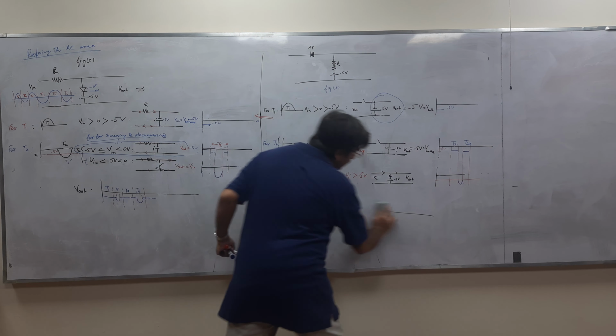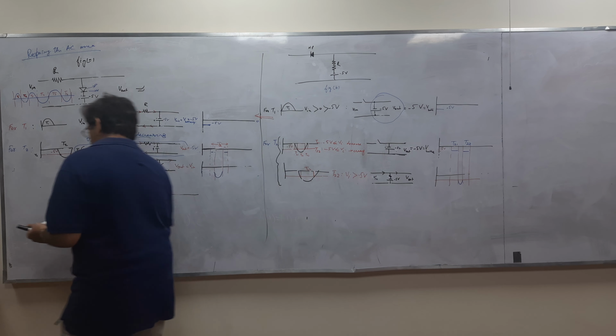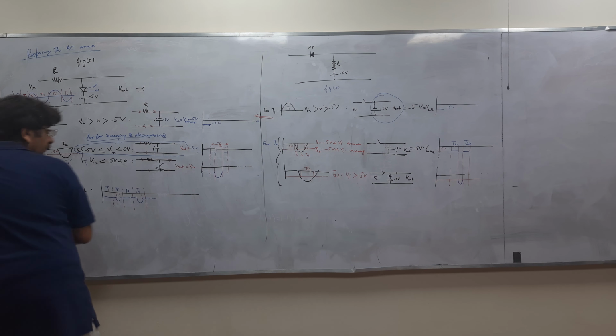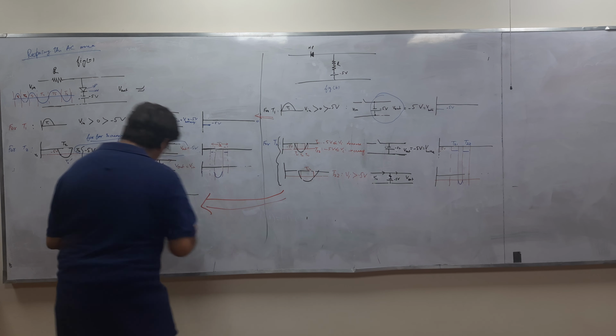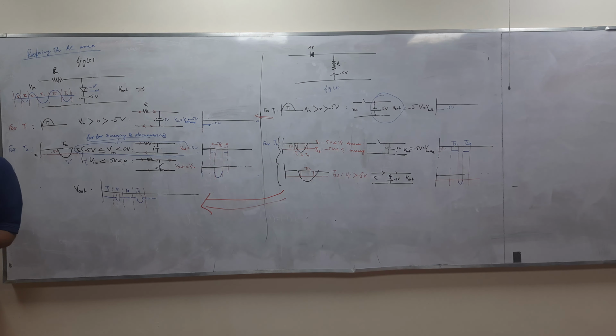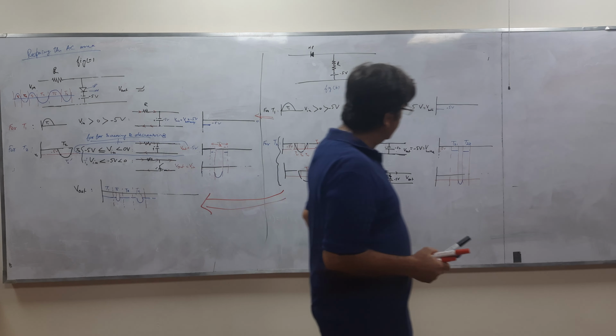Why I draw again? So this will be the result. The result will be the same. Okay. So the result will be the same. Got it? So this is for this.